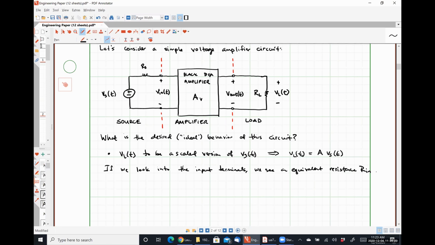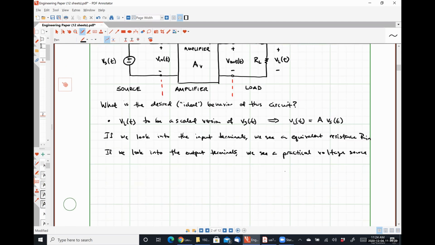We should see a Thevenin equivalent circuit, right? Having a voltage source in series with a resistor. Practical voltage source. And this practical voltage source is going to be a little different than what we would traditionally expect, and I'll explain why that is, okay?